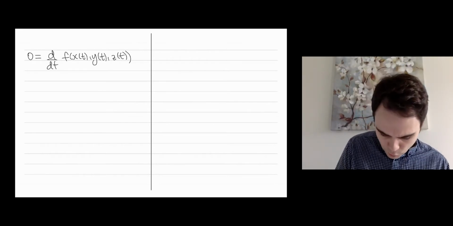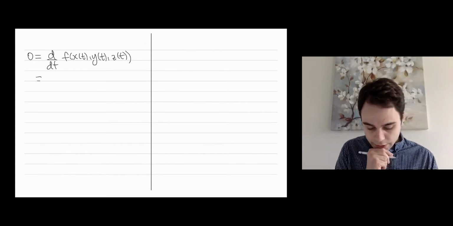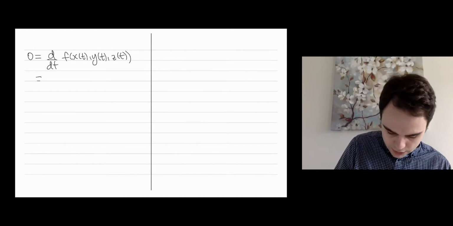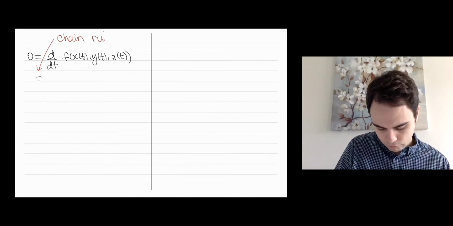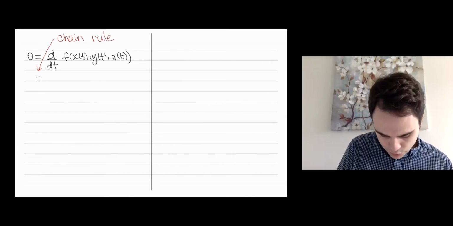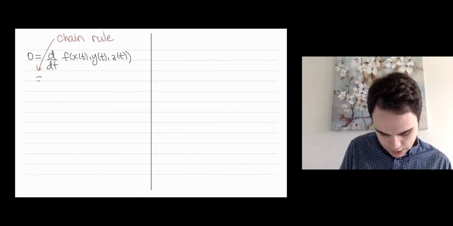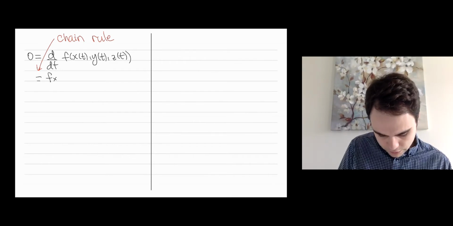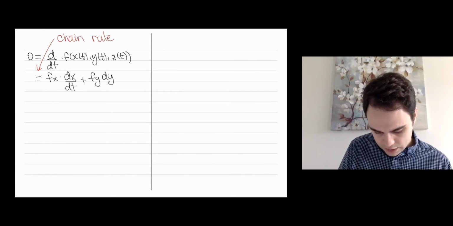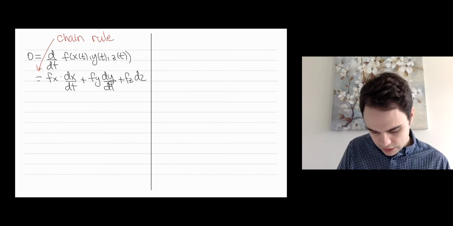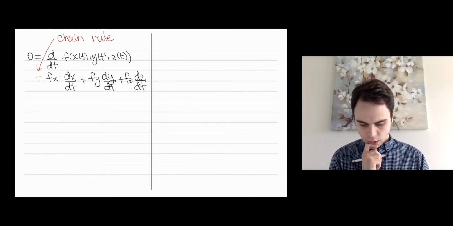On the other hand, by the chain rule, I'll just say here that I'm using the chain rule, it's equal to the x partial of f times dx dt, plus the y partial of f times dy dt, plus the z partial of f times dz dt.